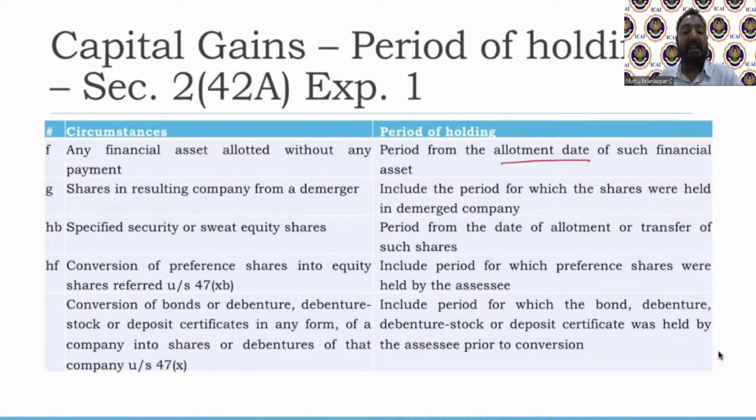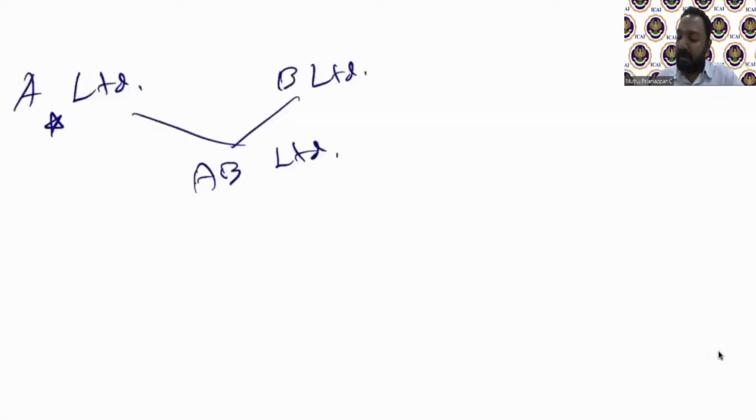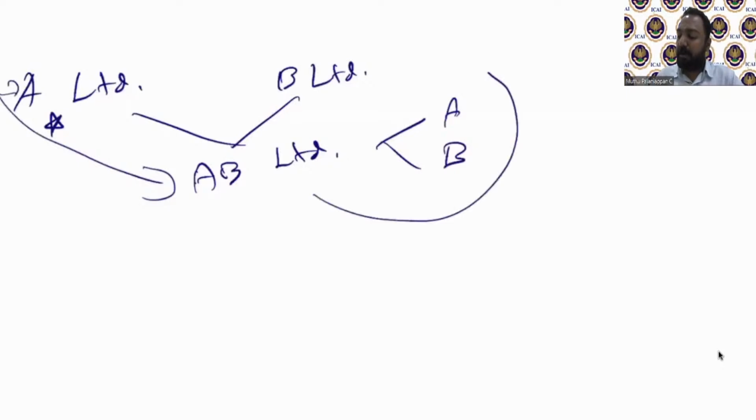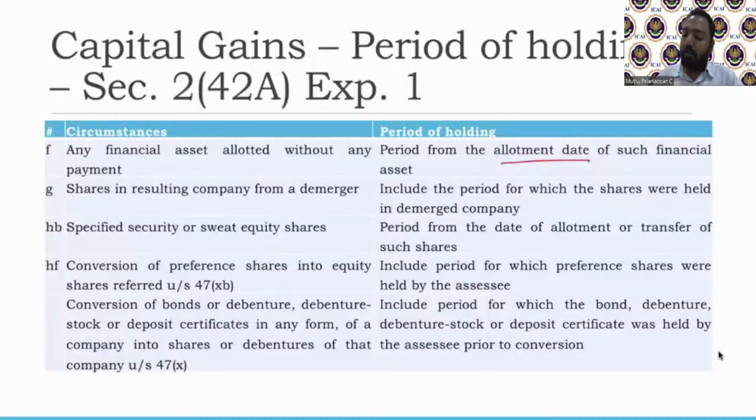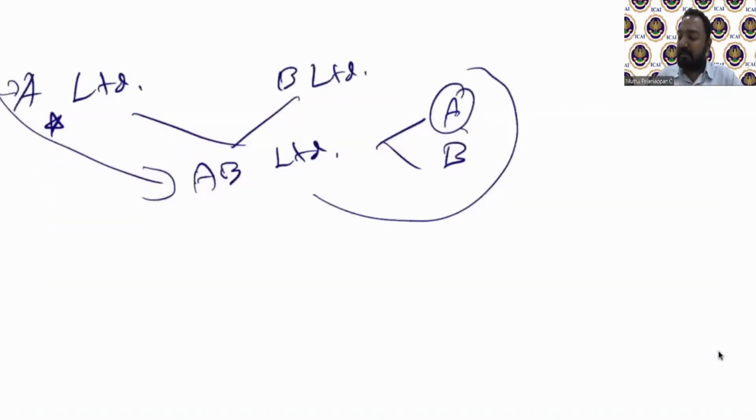Shares in resulting company from a demerger. What is demerger? Let's say there is a company AB, and this becomes A and B. That is demerger. The earlier process was amalgamation; this process is demerger. In demerger you will finally end up with resulting companies. For example, in this case, A is a resulting company and B is a resulting company.